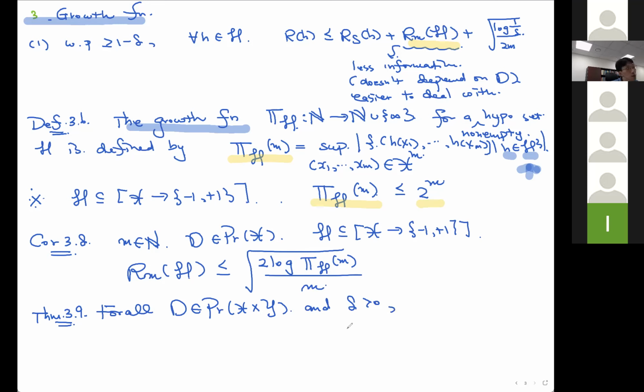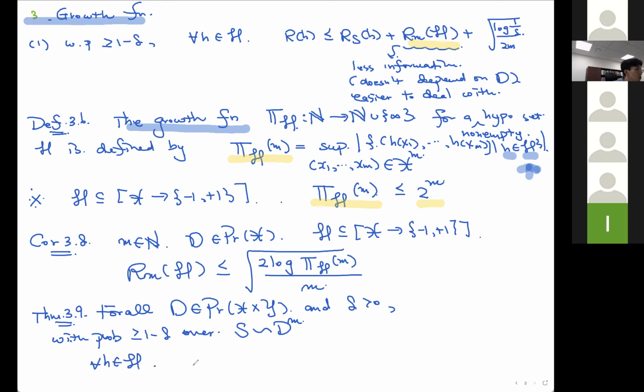For any learning problem, for any required precision, what we have is with probability at least 1 minus delta over a sample which is an independent sample, a sequence of input outputs, independently sampled from D, the following statement is true.